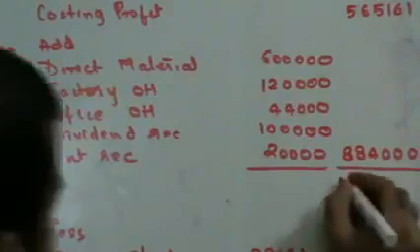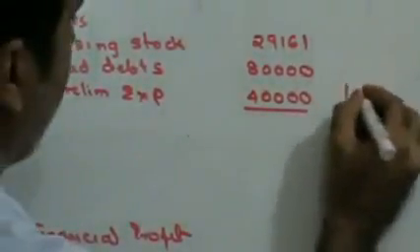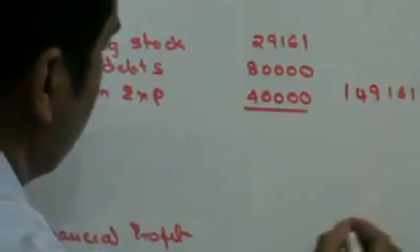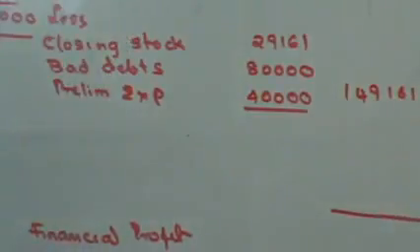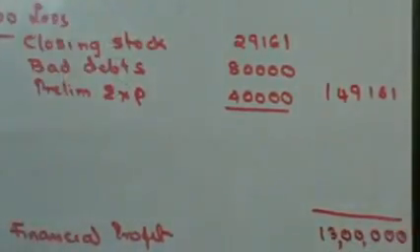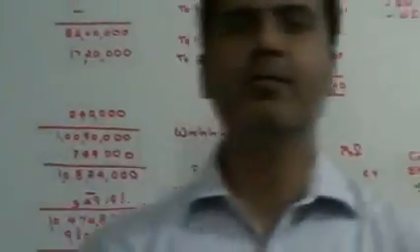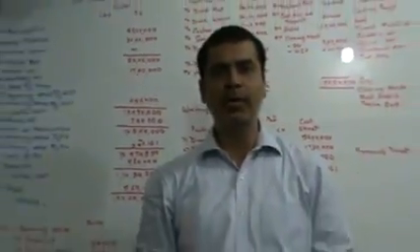So when I add these figures, you will get this answer as 13 lakhs, which tallies with the net profit of P&L, which shows that my sum is right. Right? That finishes that sum. We'll stop this here for the day. Thank you very much.